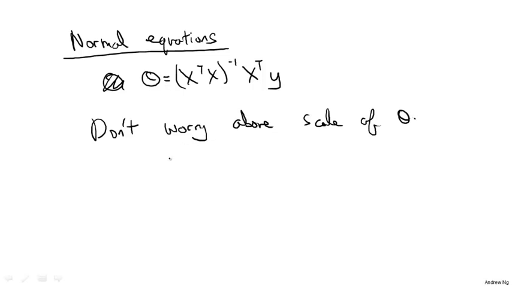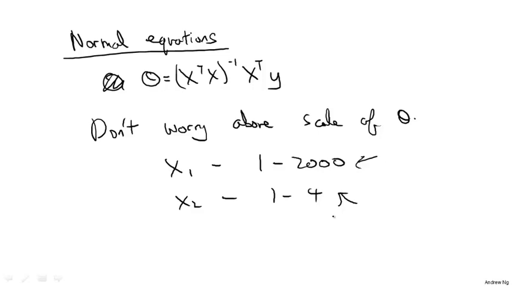In particular, it's perfectly fine if your first feature x1 ranges from 1 to 2000, and your feature x2 ranges from 1 to 4, like we saw in our earlier examples. If your features have such different ranges, it would make gradient descent slow, but using the normal equations this works just fine, and you don't actually need to rescale the features in order to make this algorithm work well.